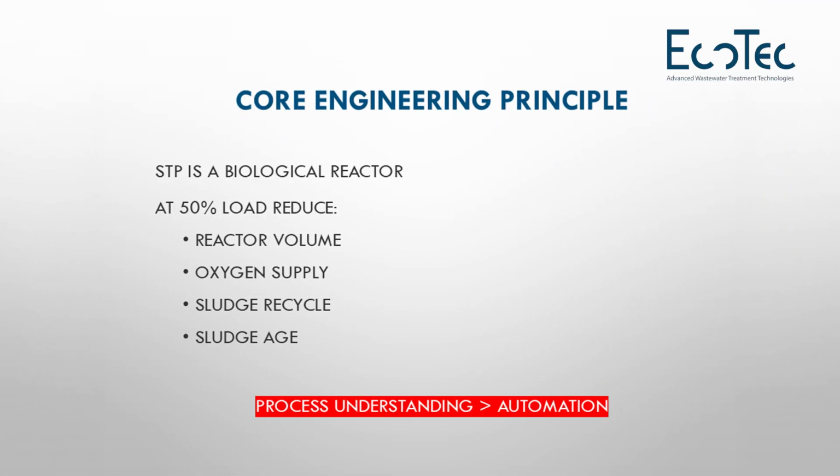In a continuous flow biological treatment plant, at partial load, one must reduce reactor volume, oxygen supply, sludge recycle, and in ASP systems, sludge age. This logic applies to all the plants, be it activated sludge, extended aeration, or MBBR.